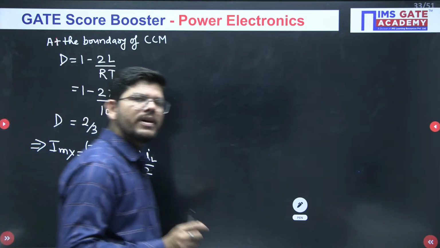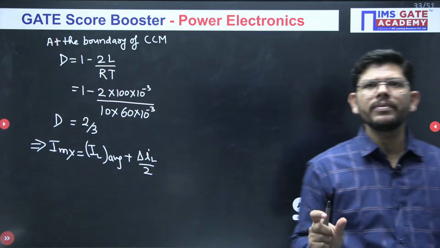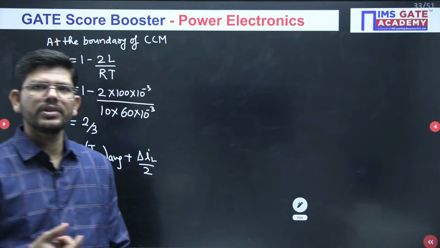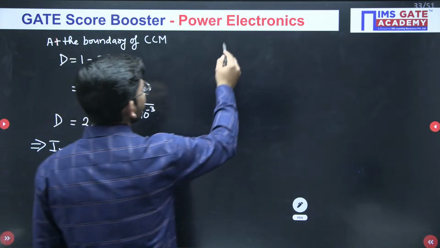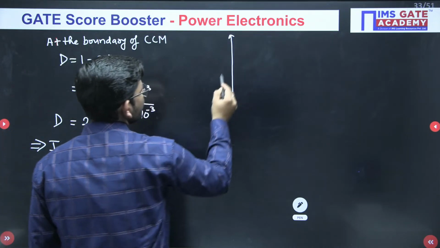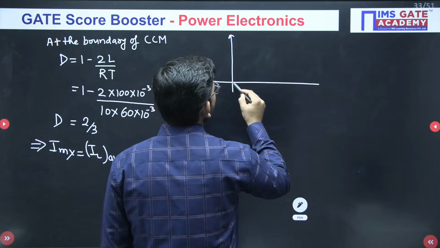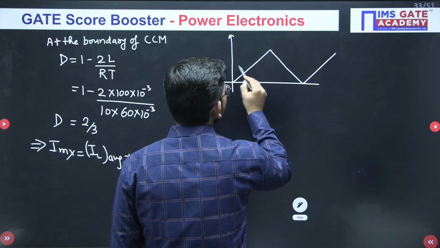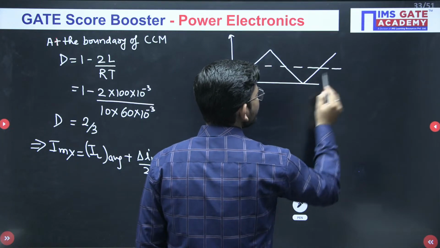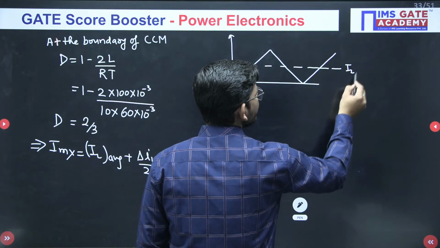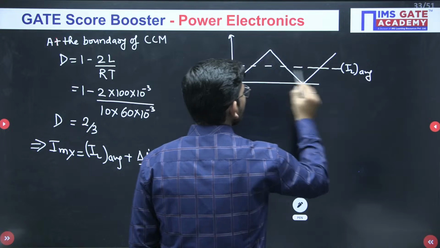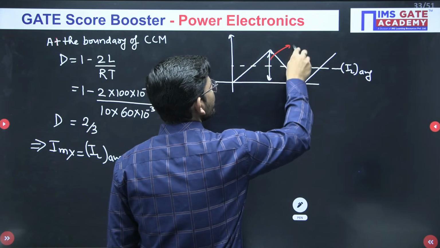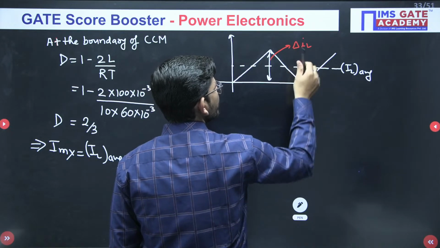Okay, and since the converter is operating at the boundary of continuous and discontinuous conduction mode, what will be the shape of inductor current? The shape of inductor current will be like this, isn't it? I minimum is 0. Okay, this will be IL average, and this amount will be delta IL.